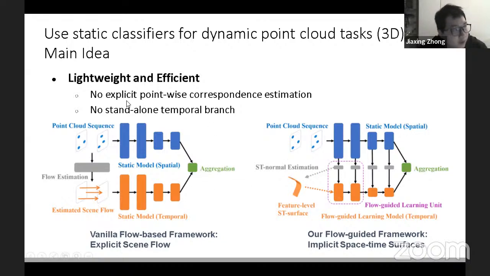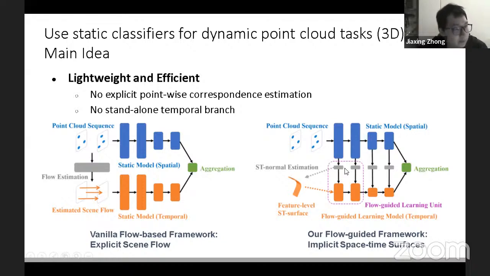By removing the explicit point-wise correspondence estimation, and by removing the standalone temporal branch like the orange one, we indeed achieve a lightweight and efficient framework in this static-to-dynamic task.